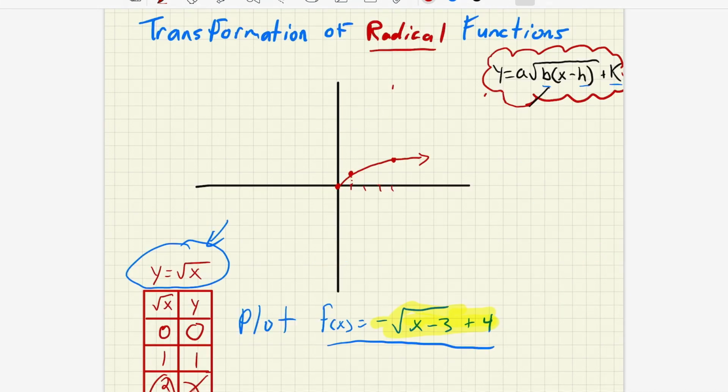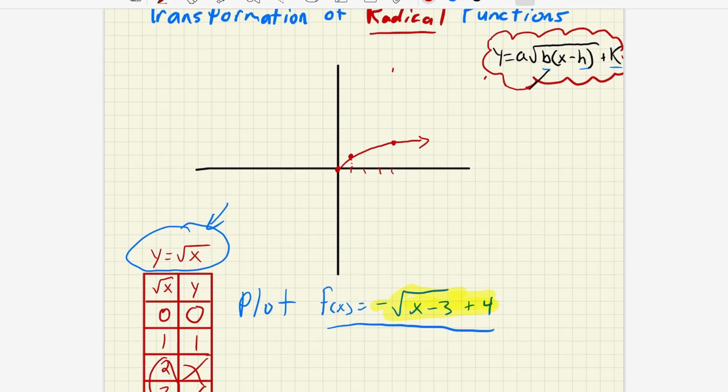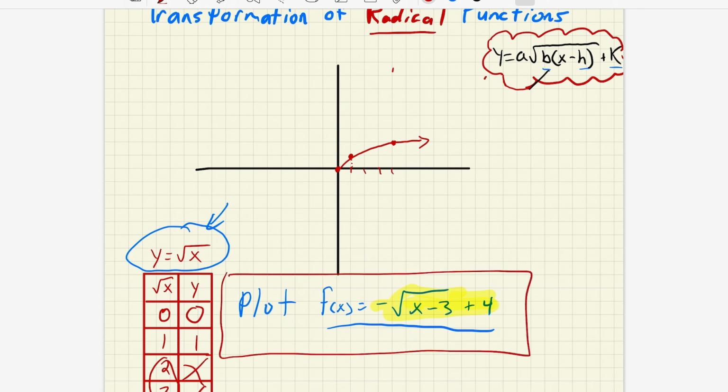So now what we're going to do is, using all those translations and transformation bits from the main equation here, we're going to apply it to help us translate the graph in red to the function that is given right over here that has been highlighted and boxed in red as well.